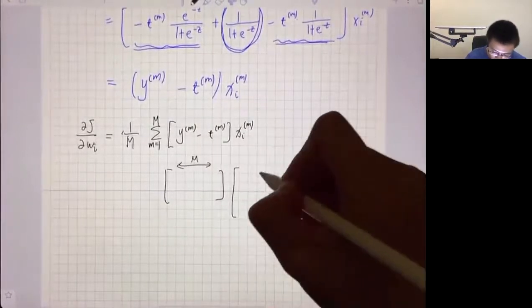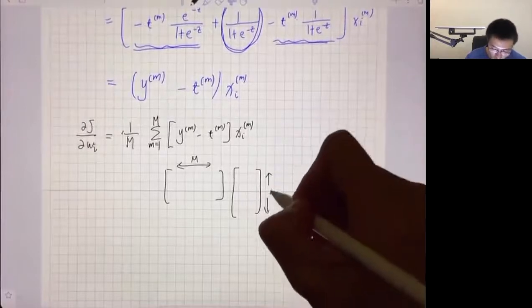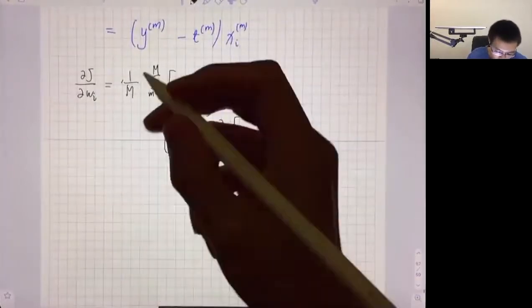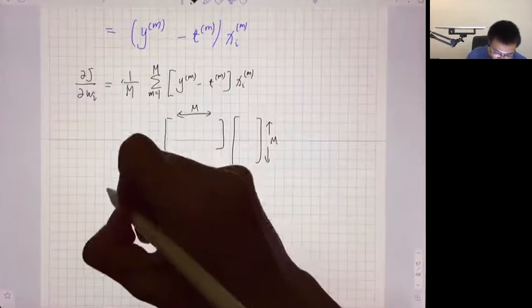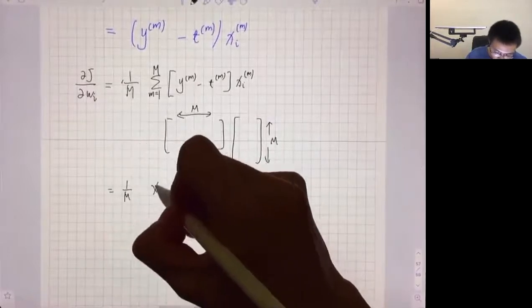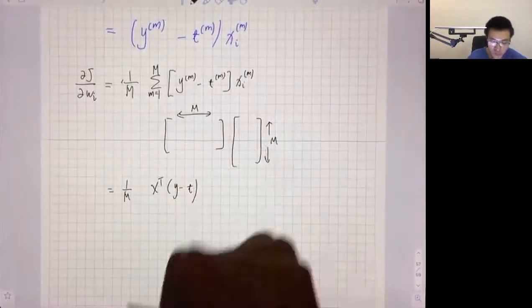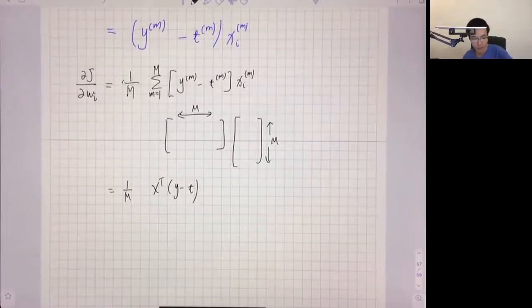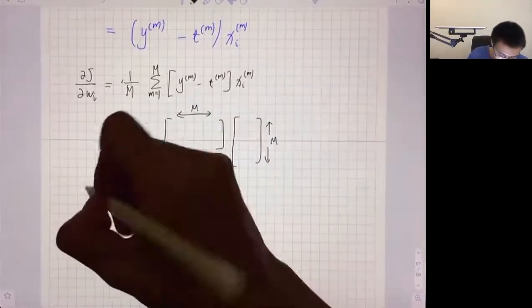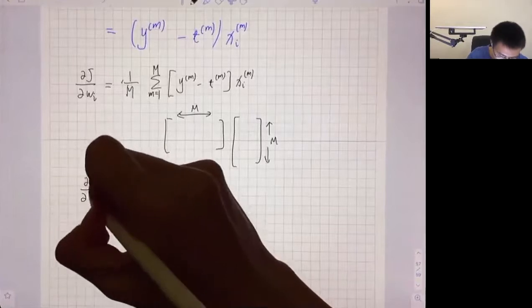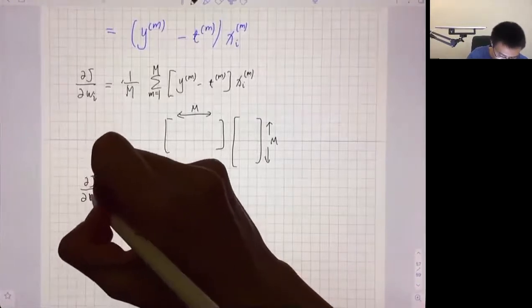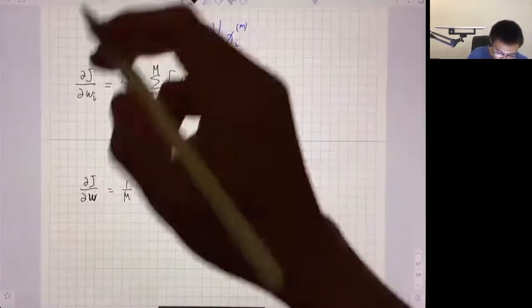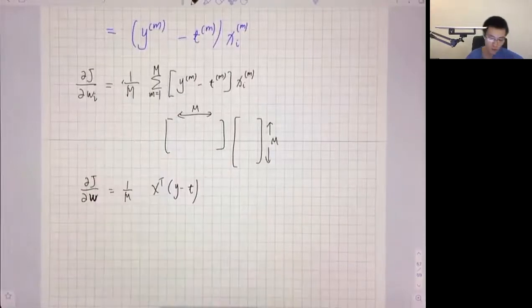So you can represent it by matrix vector notation. Then again, it would be X transpose (Y minus T). Now for J, with respect to the entire W, will be this term. Okay.